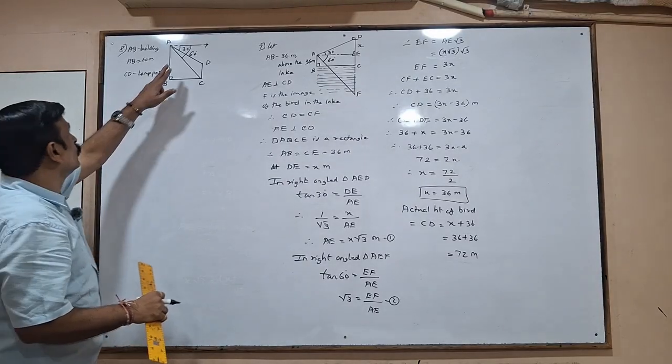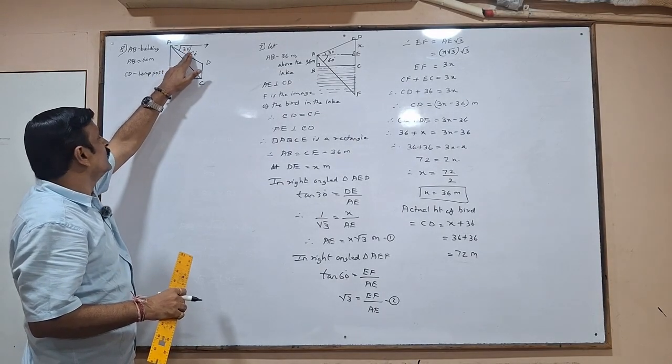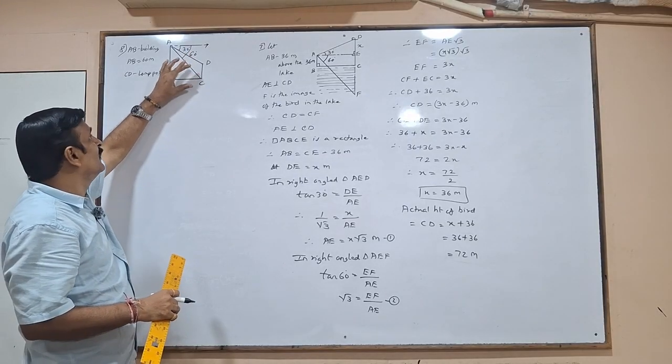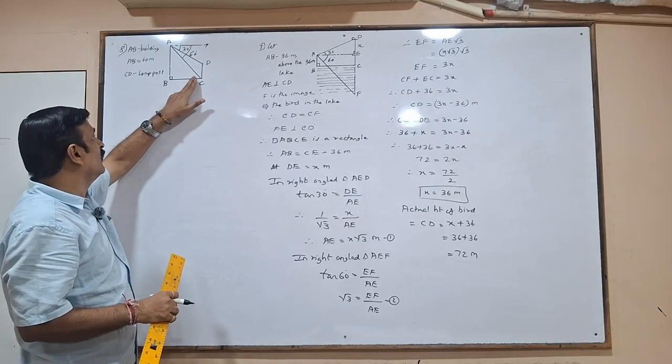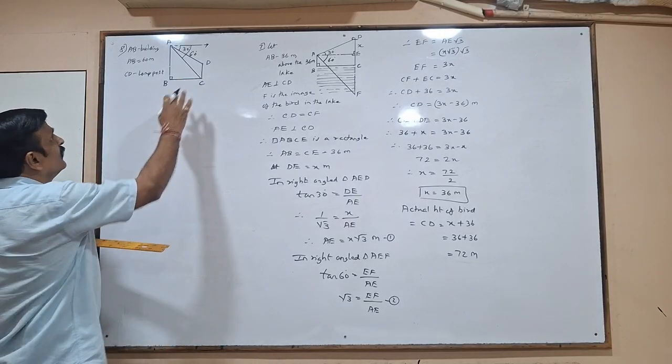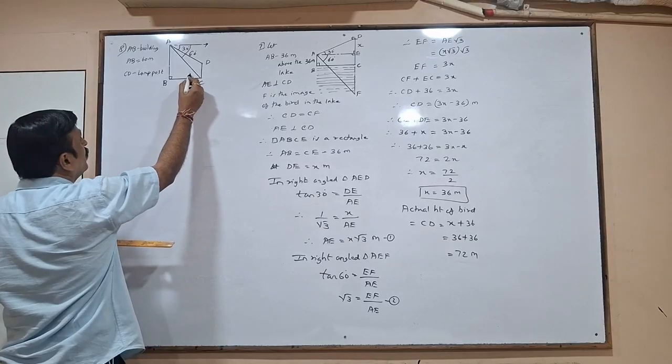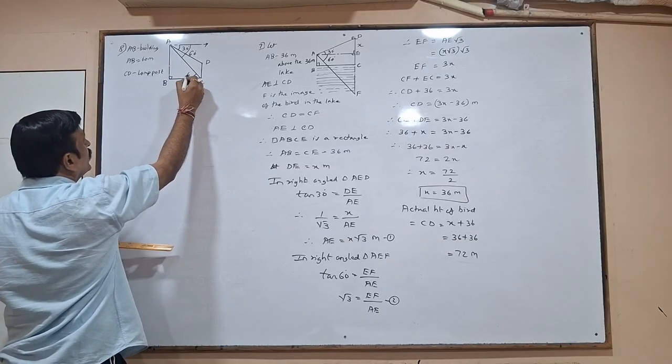Obviously, if I want to consider these angles of depression with respect to these two lines, for this line we have a base, we have a vision, so this will be 60 degree.